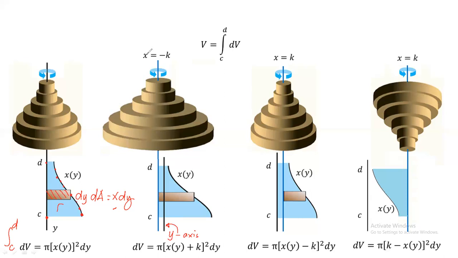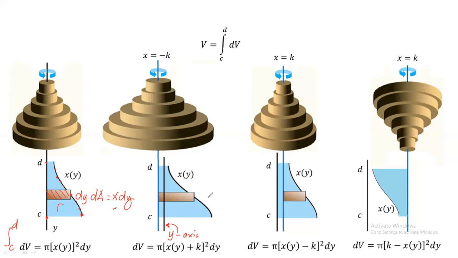Here, x is equal to negative k. So notice that the equation now of the line is x, whereas before, our equation was y, because our thickness was dx. Now, since our thickness is dy, your axis now will be x equal to something, whatever that constant is, because now it's vertical.